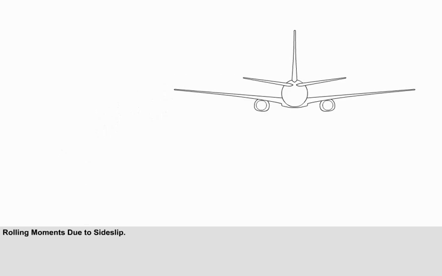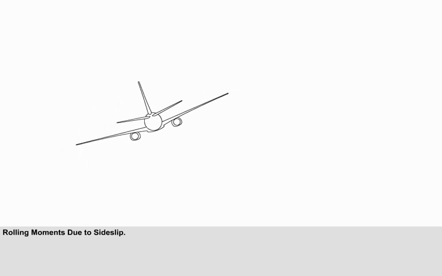This is unstable due to side slip. If the side slip generates no rolling moments, the aircraft will neither roll further away from nor back towards wings level. This is neutral. If the side slip generates a favorable rolling moment, the aircraft will roll back towards wings level. This is stable due to side slip.